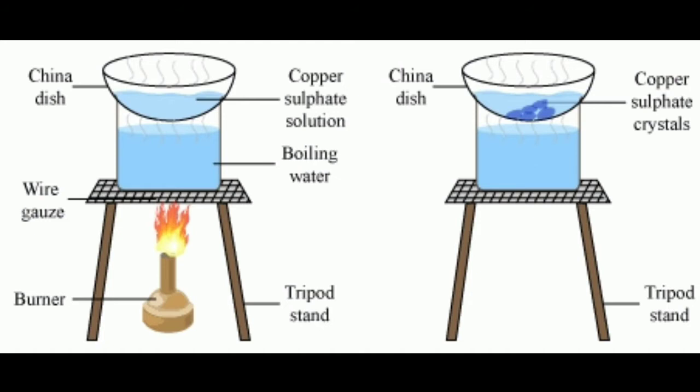So, we discussed some separation techniques according to the nature of the components of a mixture to get pure substances. And as we know, the technology is more advanced now. So, many more methods of separation techniques have been devised.